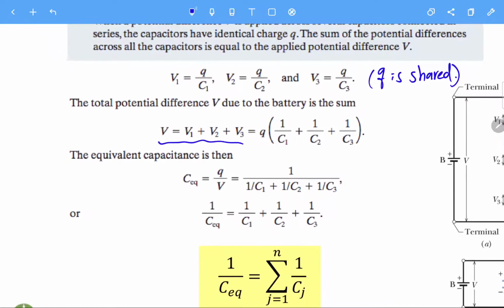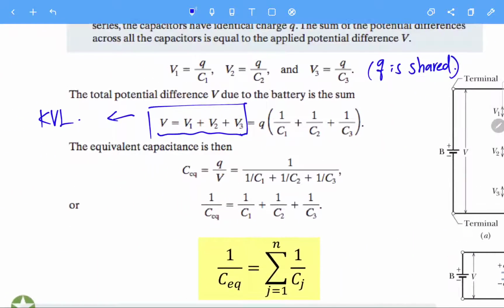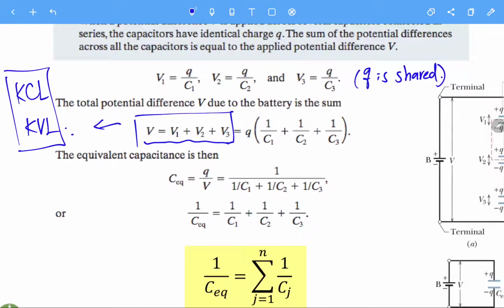So in the next chapter, or in chapter 27, I'm not sure, we already use this, known as the KVL, the Kirchhoff voltage law. Maybe you have learned it in high school. Actually, we have Kirchhoff current law and Kirchhoff voltage law for solving electrical circuits, simple RLC circuits.